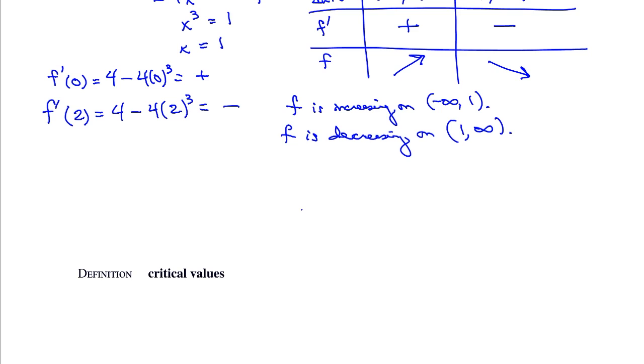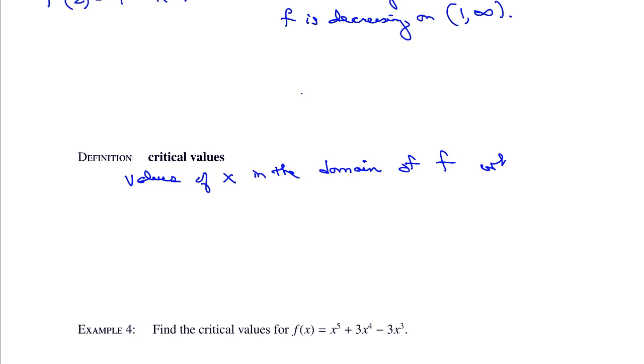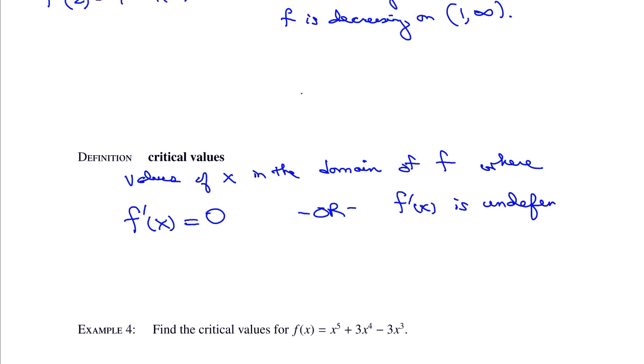So the definition of critical value is values of x in the domain of f where f prime of x is equal to 0 or f prime of x is undefined.